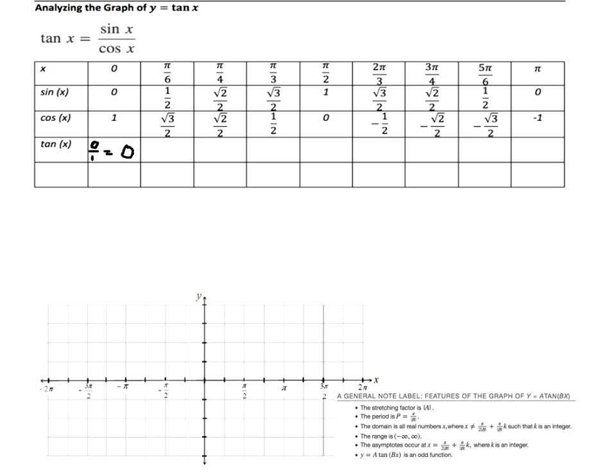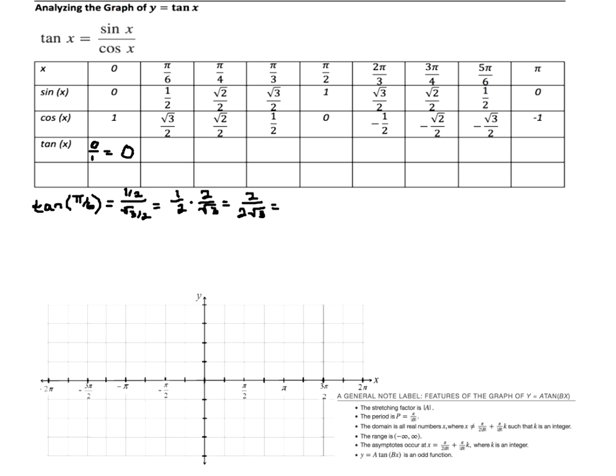Okay, I'll do some side work for some of these. When we take the tangent of pi over 6, that's the sine of pi over 6, which is 1/2, divided by the cosine of pi over 6, which is square root of 3 over 2. So I get 1/2 times the reciprocal, 2 over the square root of 3, and that's 2 over 2 square root 3.